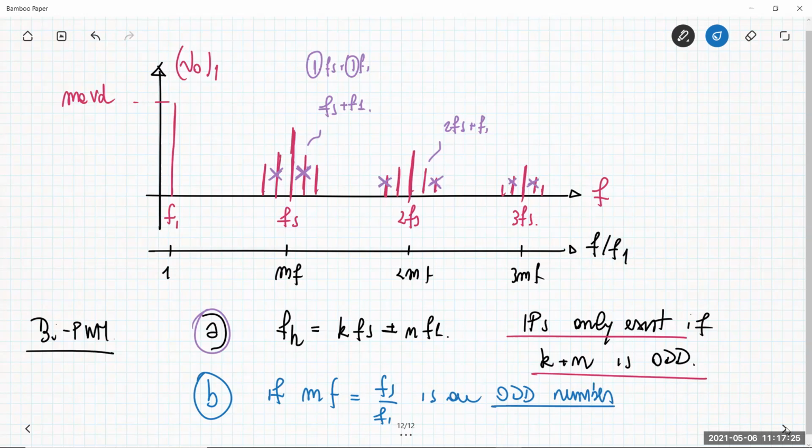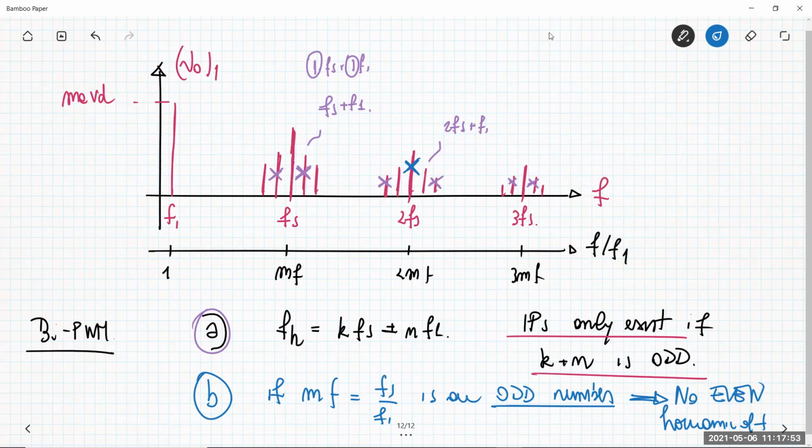Because in that specific situation, no even harmonics of Fs exist. Even harmonics of Fs, for example, this one is eliminated. And so, for example, the 4Fs is eliminated, etc.